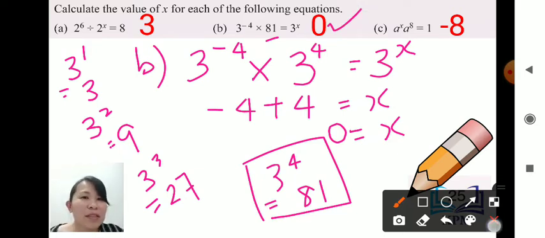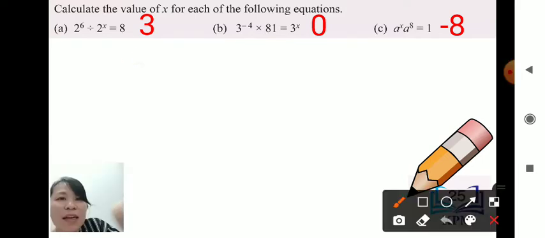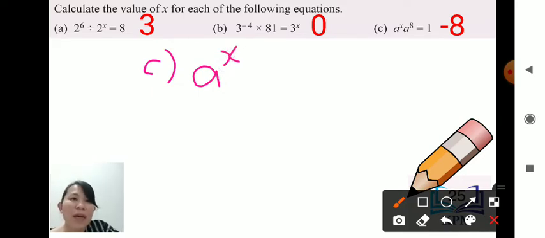We try question C: a^x times a^8. If there is nothing in between, it means to multiply. What about this one?